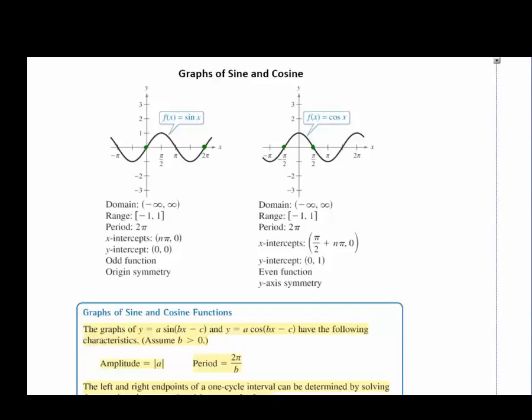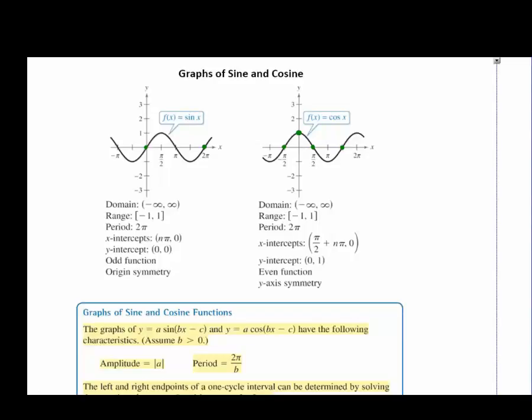So -pi/2, pi over 2, 3 pi over 2, 5 pi over 2, 7 pi over 2. So all of the odd integers times pi divided by 2. The y-intercept for sine is the origin. The y-intercept for cosine is the point 0, 1.